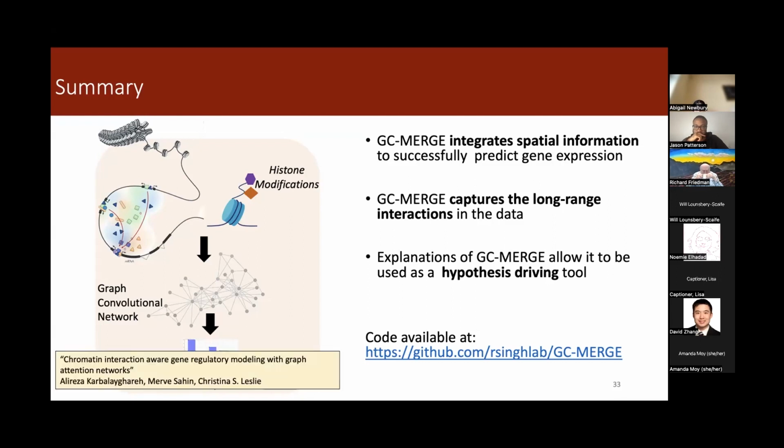A study that came out around the same time as ours from Christina Leslie's lab was doing something very similar, where they had more fine-grained long-range interactions that they were modeling as a graph using a graph-based neural network and looking at fine promoter and enhancer interactions as well. And then, there are many other studies that have since come that do similar types of modeling.